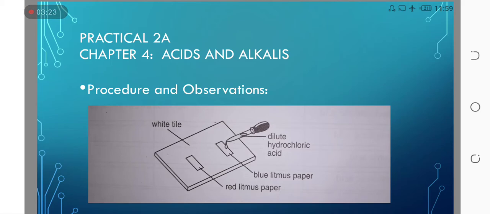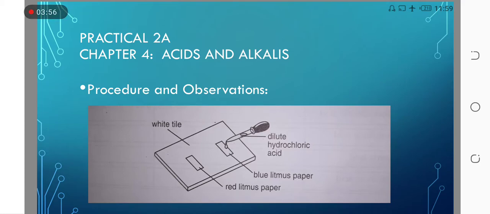You will observe that the taste of the ethanoic acid is sour. As we have discussed, the property of ethanoic acid, and all acids, is that they are sour in taste, so this is proved by this experiment. Because ethanoic acid is a weak acid, we can taste it with our tongue, but we have to rinse our mouth immediately.